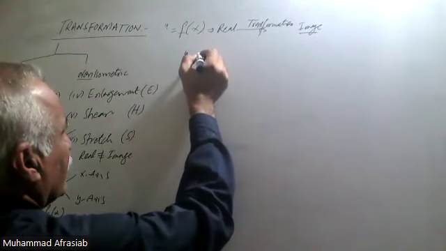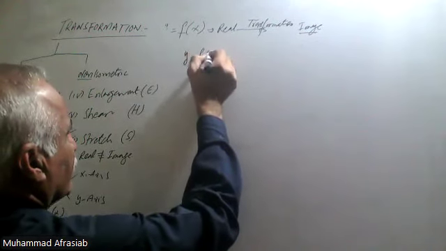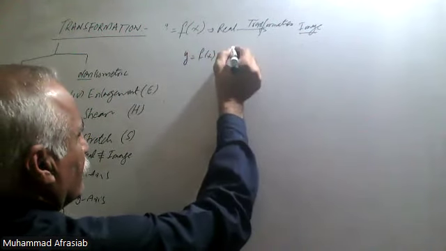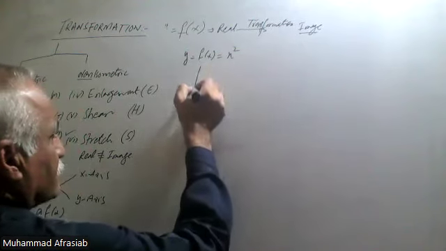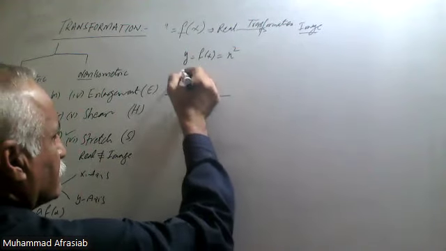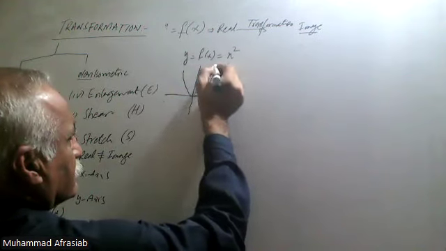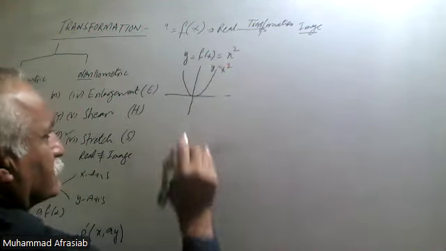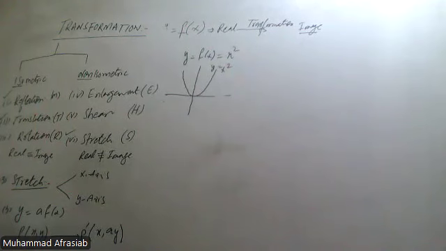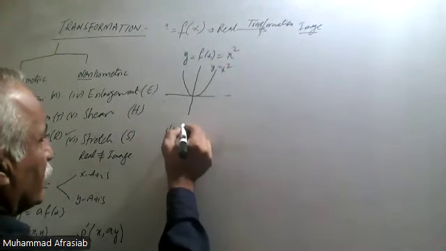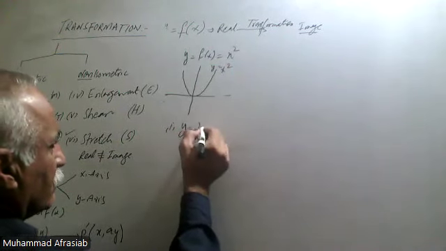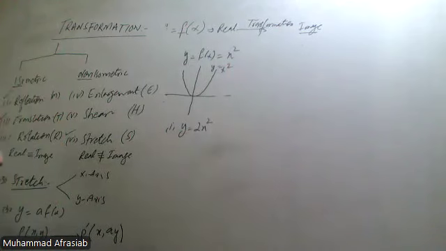Let's say y equal to f of x, and let's say that is equal to x square. Now, for y equal to 2x square, that means 2 is multiplied outside of this function.